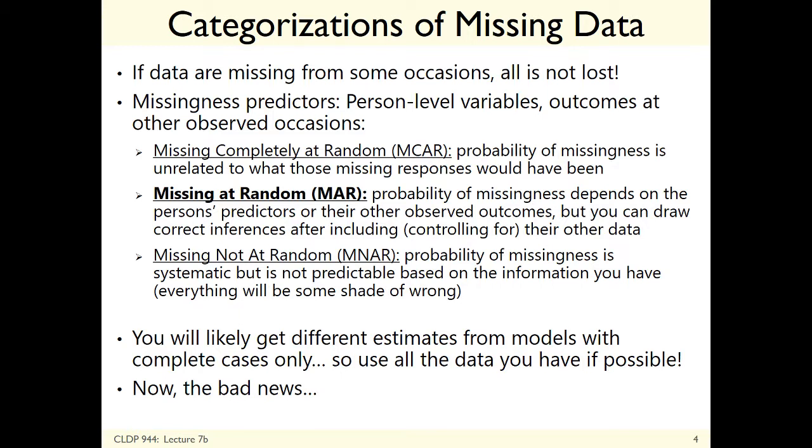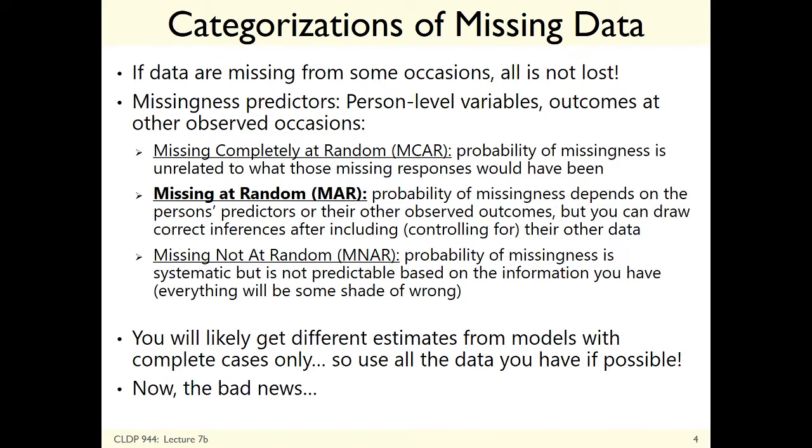Missing at random means conditionally random. It means after you take into account what you do know about the person, it's then random. So among similar people, there's no relationship between what they would have said and the probability of it being missing. So variables that count in terms of helping are predictors and other outcomes.